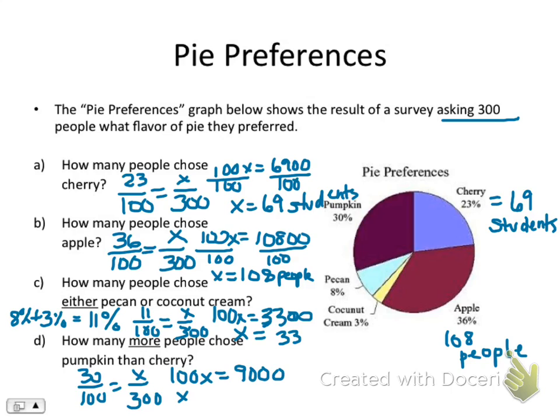And if the number of people that like pumpkin is 90, to answer this question, we would subtract that from 108. Oops, wrong one, that's apple. Let's do it from the number of people that like cherry, as the question asked, which is, well, let's just do it completely different then. Let's take 90 minus the 69, because when we want the difference, we want it to be a positive difference. And we get 21.